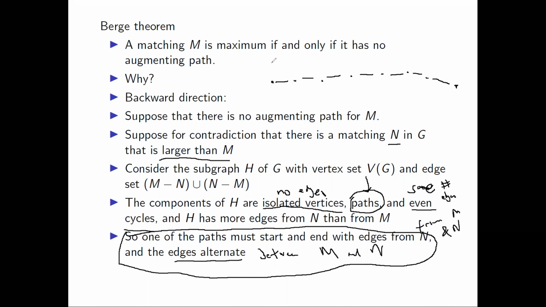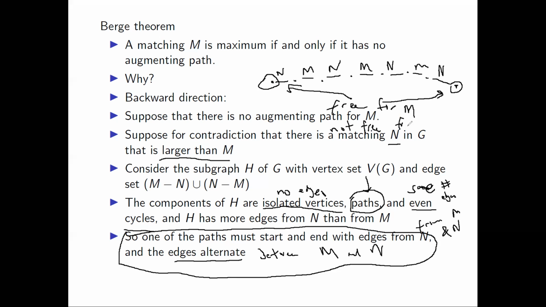Okay. And this path has more edges from N than from M. So here's an edge from N, and then an edge from M, then an edge from N, M, N, M, N. Okay, and this one here and this one here, they are both free for M. So they're not free for N, not free for N, but they're free for M because no edge in M contains either of those two.